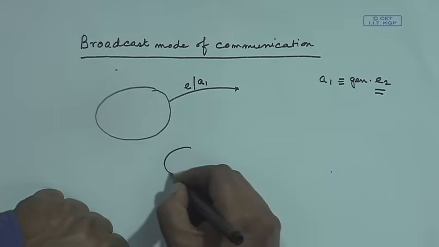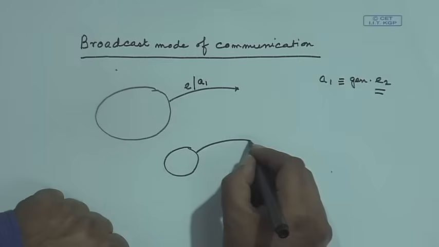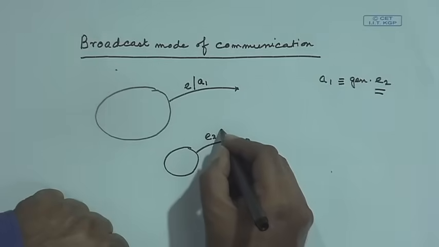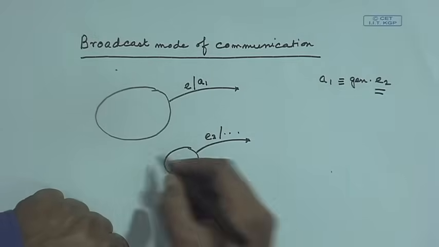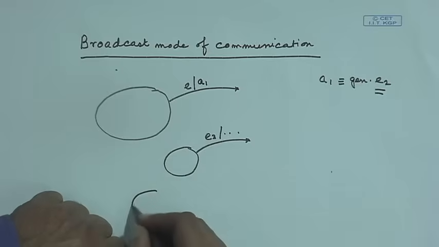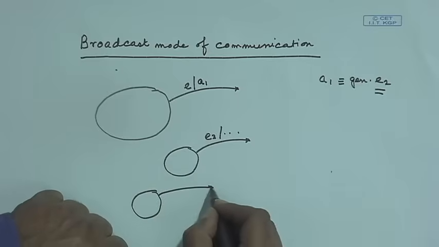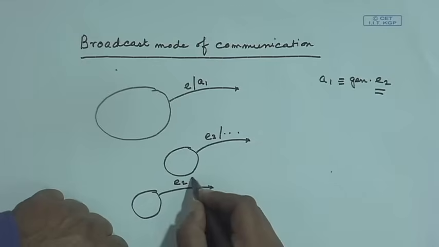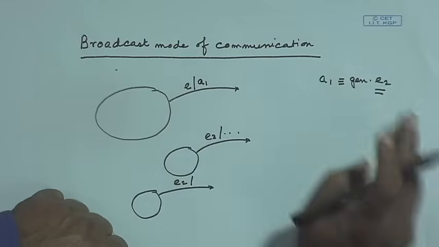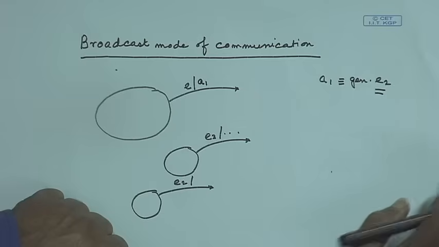Some state might be waiting for another event E3, some state might be looking for E2, some state is not looking for E2, but it will be visible to all.